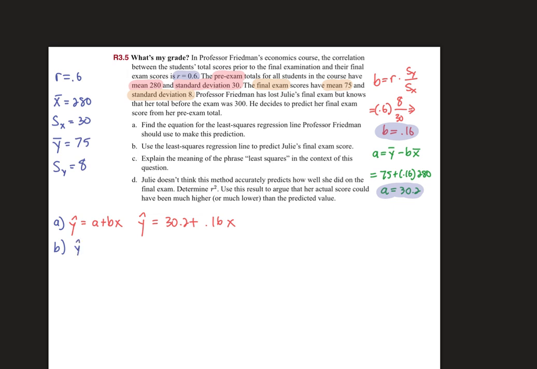Her predicted y, her predicted final exam score, will be this with 300 plugged in for her pre-exam score. We simplify this, and it ends up being 78.2 as a final exam score.